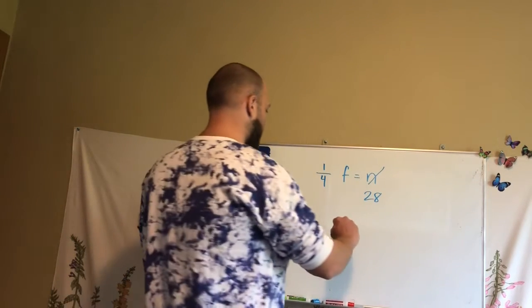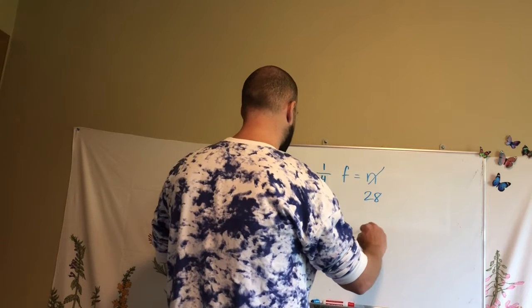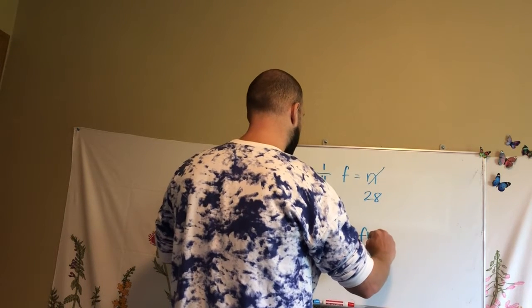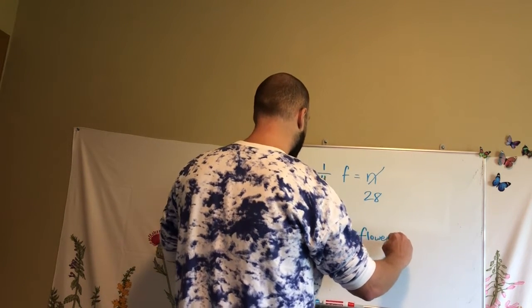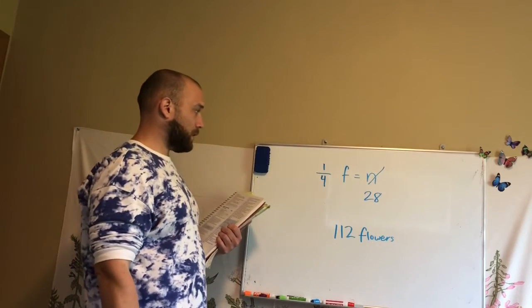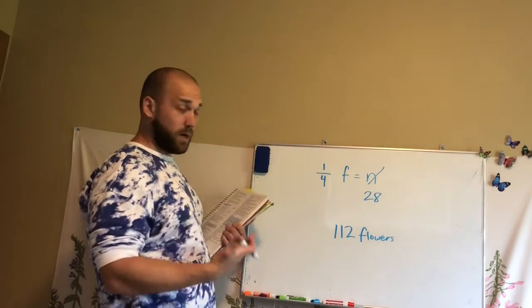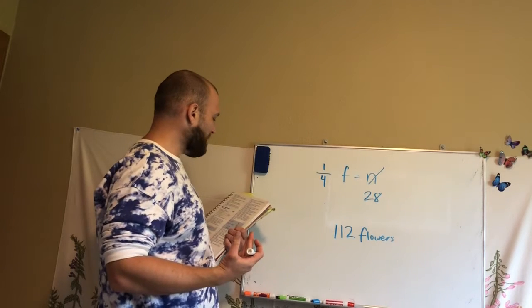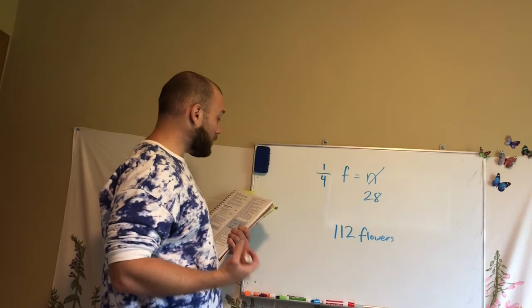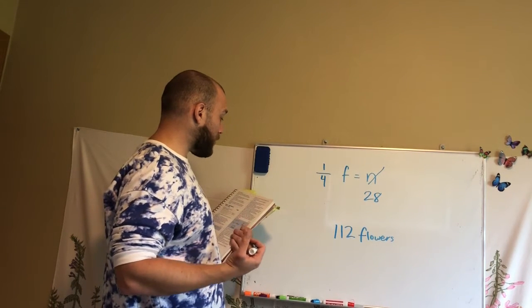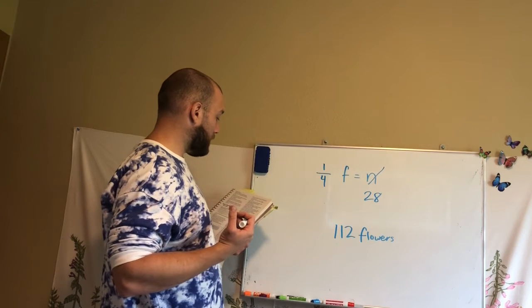The answer you should have is 112 flowers, because you're solving for F. I'll be looking for you showing your work, not just writing the answer. All right, now you can figure out the answer to the other question the problem asked.